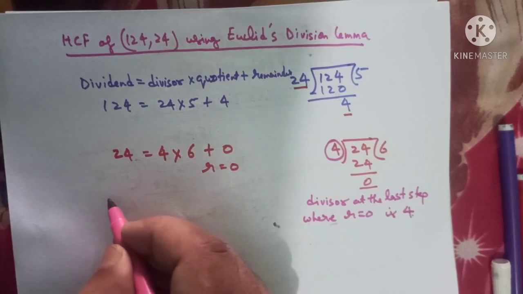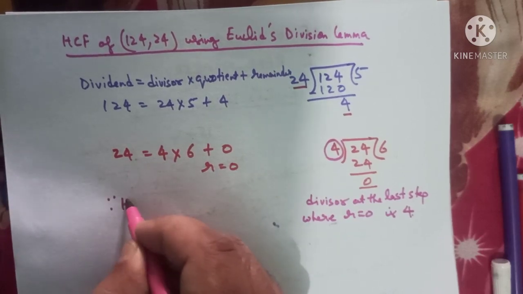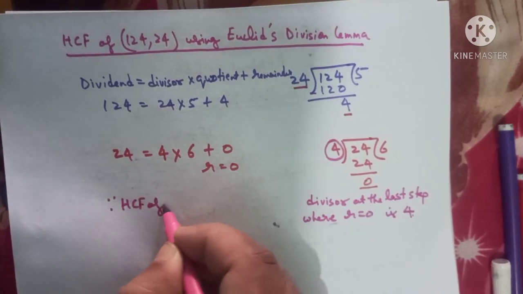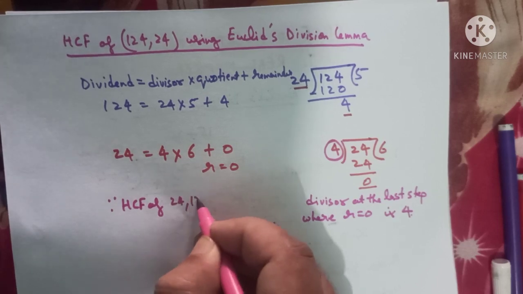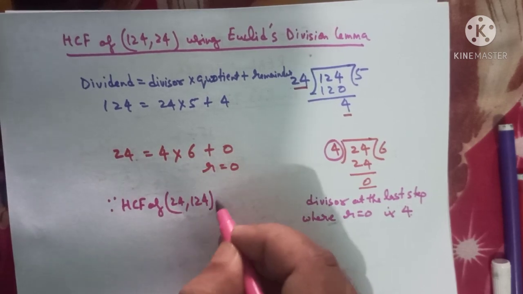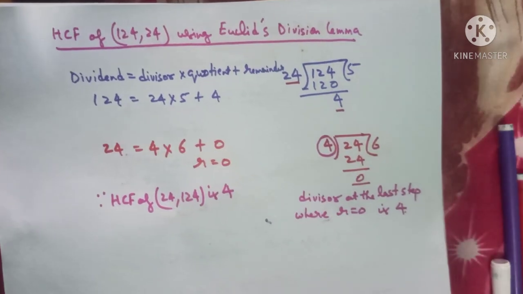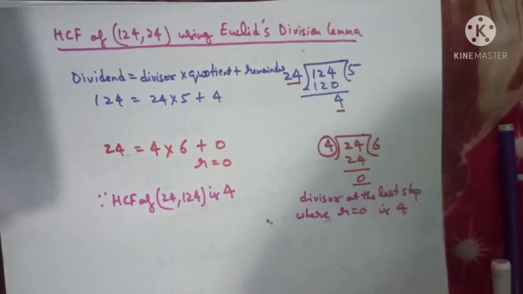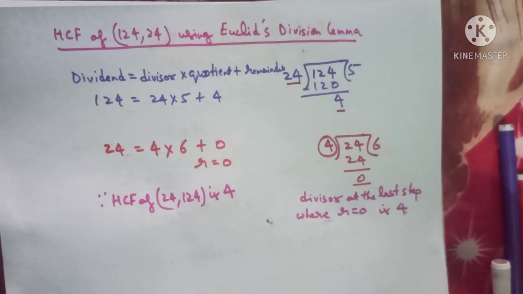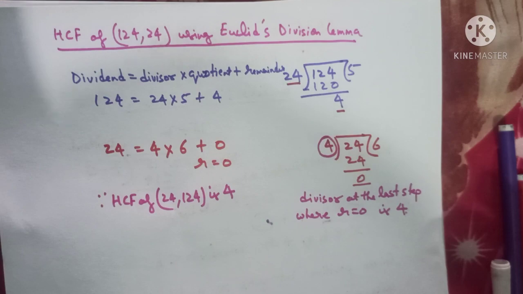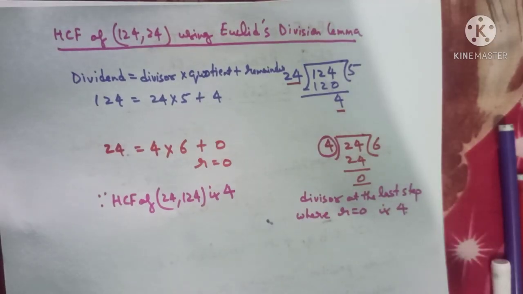So the HCF of 24, 124 is 4. Remember this, the divisor at the last step will be the HCF. Okay, so this is how you will find out the HCF of two numbers using Euclid division lemma.